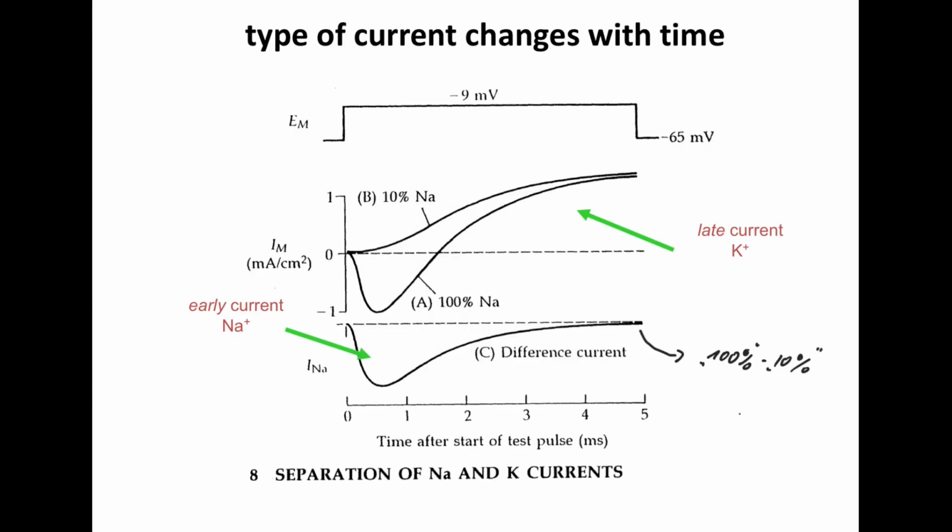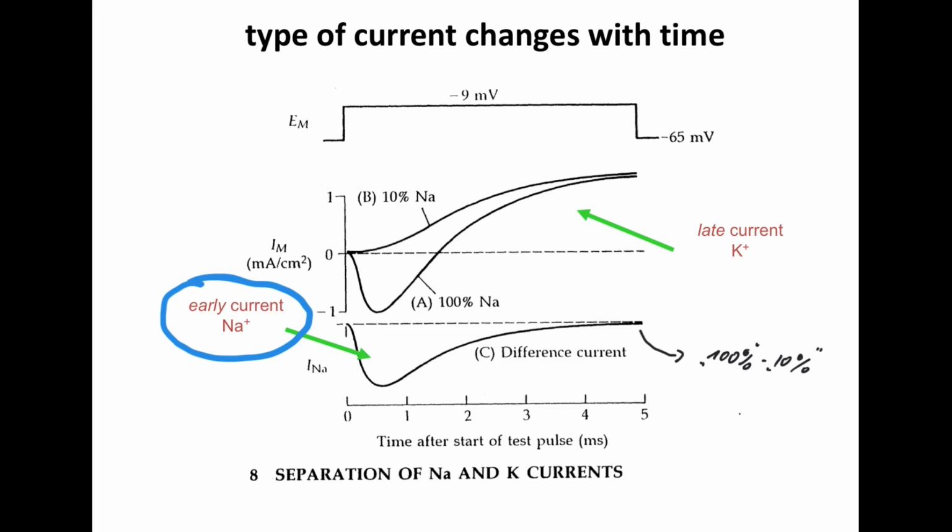Now, the molecular reason for the early and late currents can be grasped by the following experiment. Again, we take a depolarization pulse to minus 9 millivolt, and you see what happens in the middle experiment here, A. You see what happens if I have 100% sodium in the solution, and compare that when I reduce the sodium concentration to only 10% of the normal concentration.